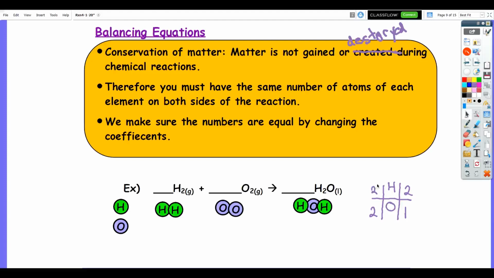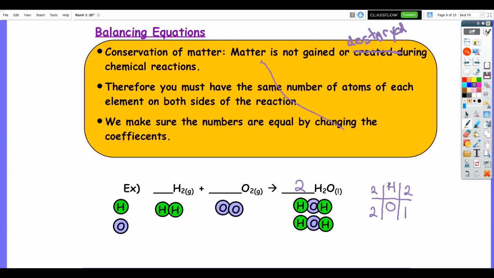My problem seems to be on this side. I don't have enough oxygens. So I'm going to add another oxygen here. Sorry, I can't add just an oxygen. I'm adding a whole other water molecule. So instead of a coefficient of 1, I now have 2 molecules of H2O. 1 molecule, 2 molecules. It comes as a set.